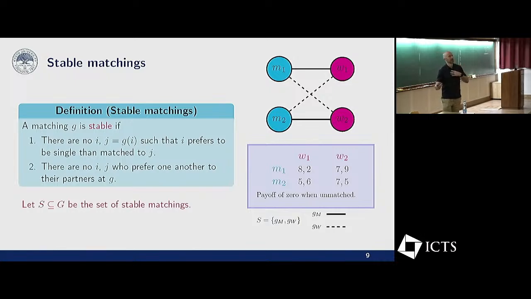Every single player doesn't want to change on their own, conditional on what other players are doing. The difference here is this is a pairwise condition, so you need to be robust to possibly two matched players pairing up, two players leaving their spouses and getting together. Obviously, that's not something that one of them could do on their own.